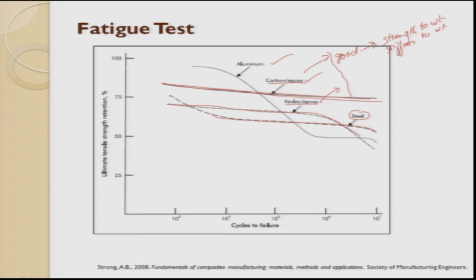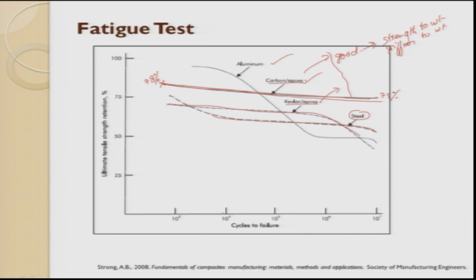If you see, there is a gradual decrease in, for example, ultimate tensile strength retention percentage. From here it is somewhere around 78, it goes to around 75 percent when the number of cycles goes up to 10 to the power 7. You have done 10 to the power 7 cycles, and you see the decline in the tensile strength, right. This is the tensile strength, or people call it residual tensile strength.